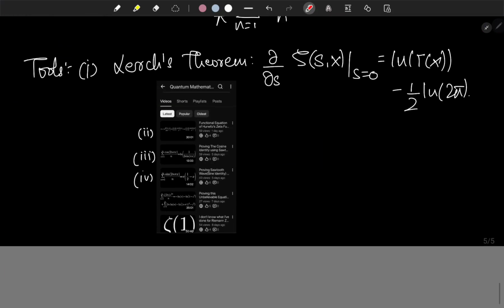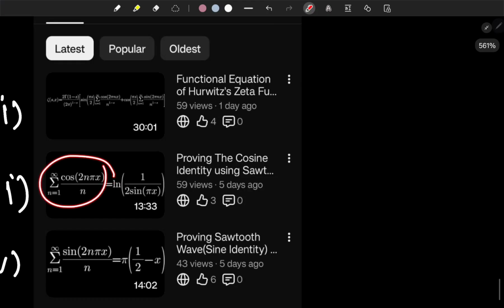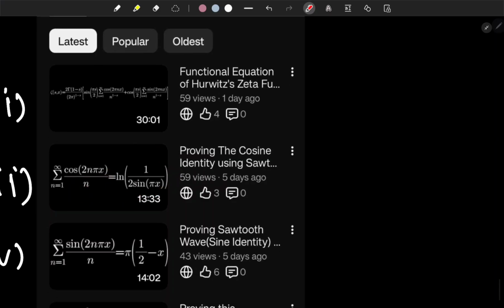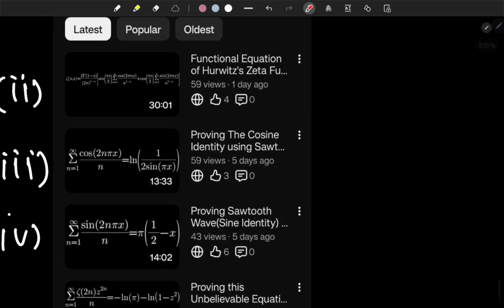And now, as I just mentioned, take a look at this part. The sum as n goes from 1 to infinity of cosine of 2 pi nx over n comes out to be natural logarithm of 1 over 2 sine pi x. And for the other sum, as n goes from 1 to infinity of sine of 2 pi nx over n, it is pi times 1 over 2 minus x.